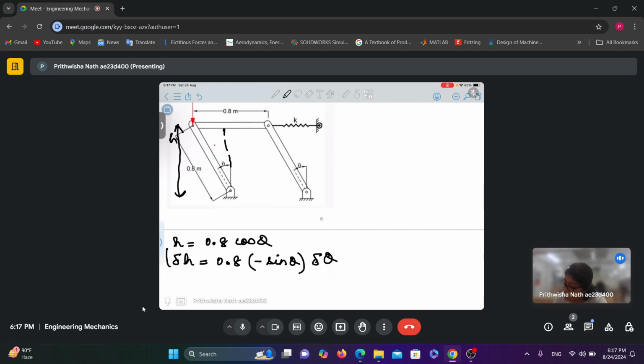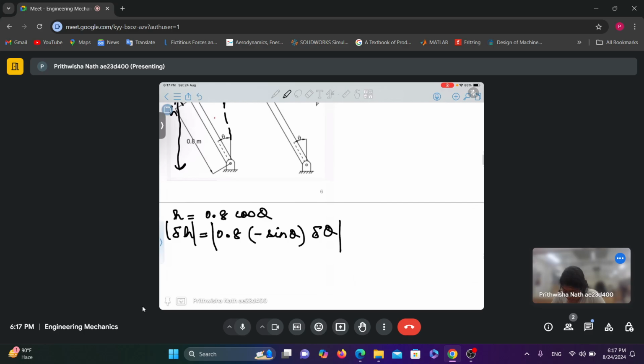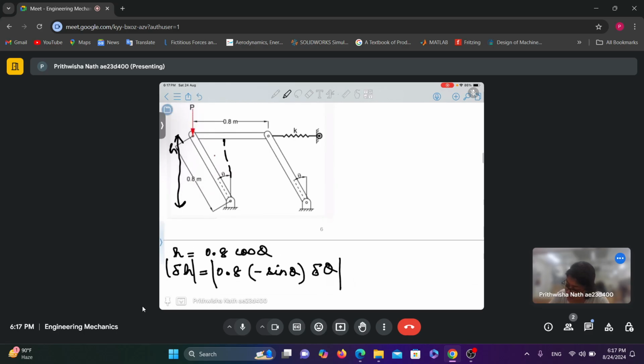I will take the modulus of this. So now, I need this delta x.